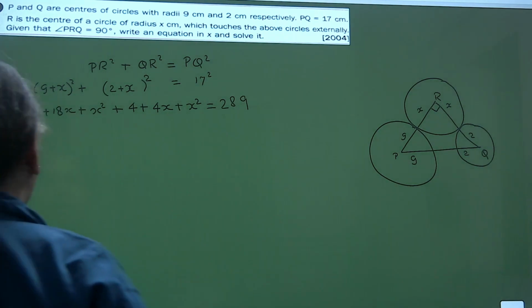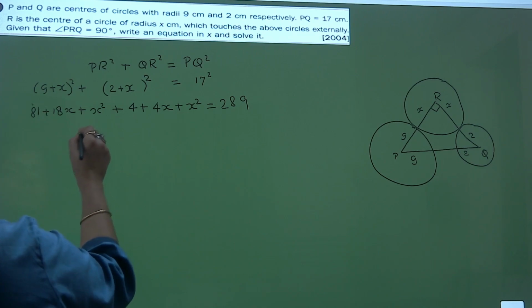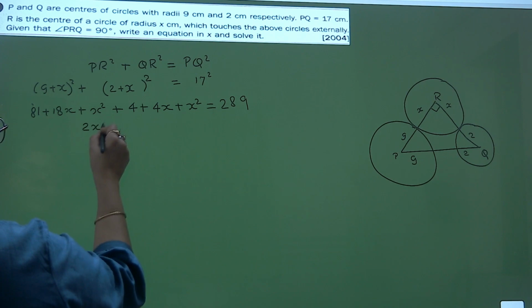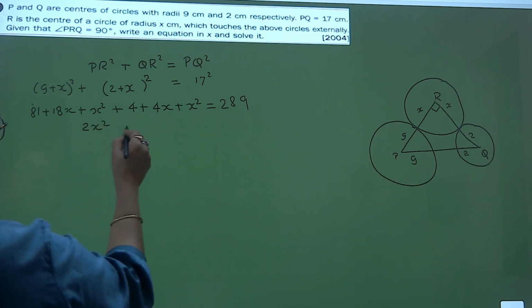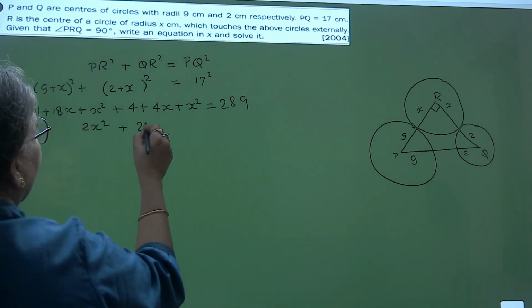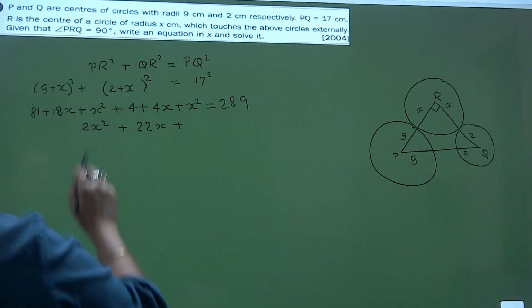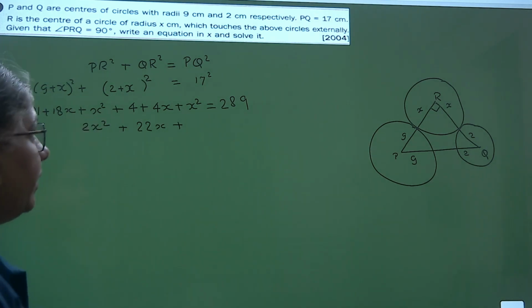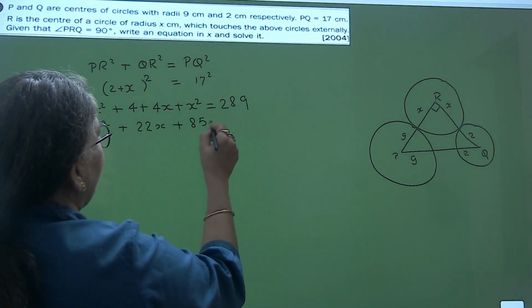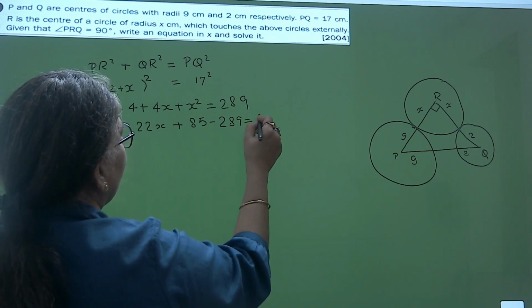So let's solve it. We get 2x square, then we have 18 plus 4, 22x, plus then 81 plus 4 is 85, minus 289 is equal to 0.